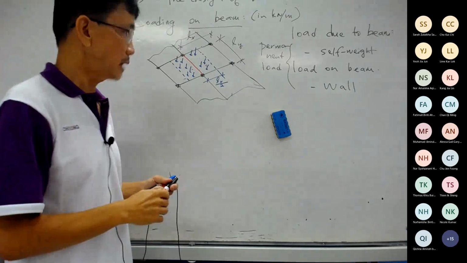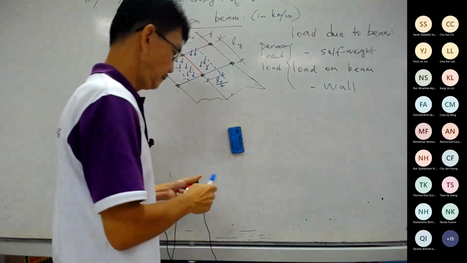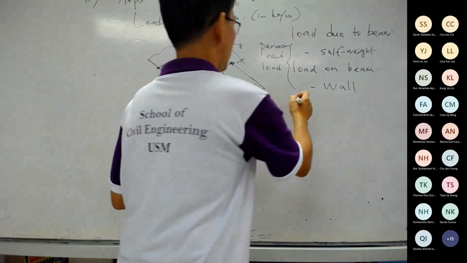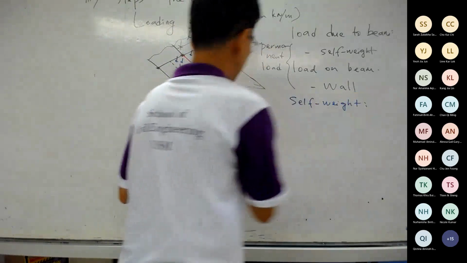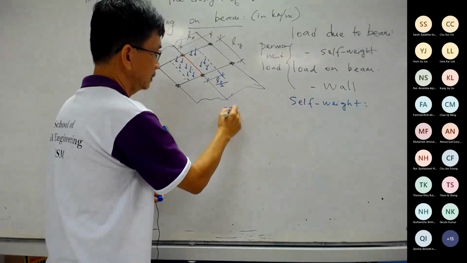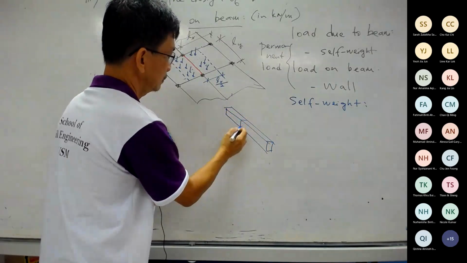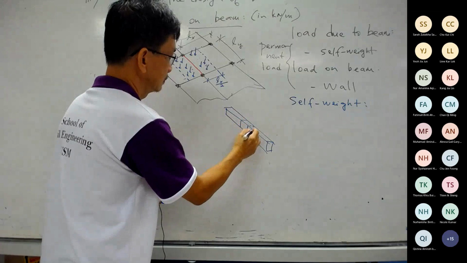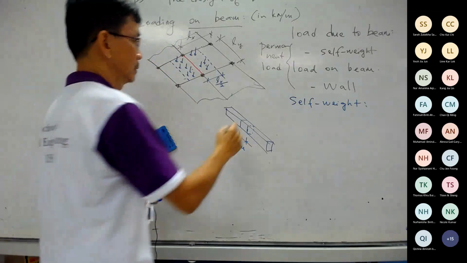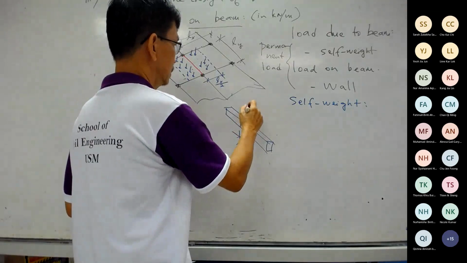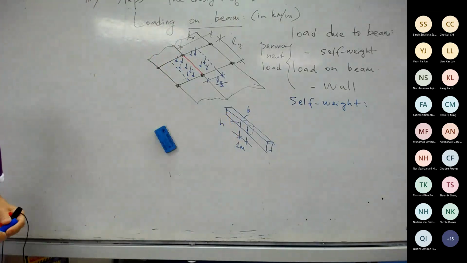Self-weight of beam. Okay. Self-weight of the beam. So we have a beam here, and you take 1 meter length, and this is B, this is H. Okay, that's the section of the beam.